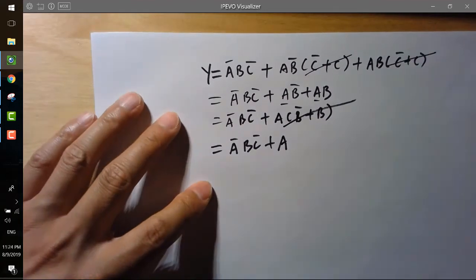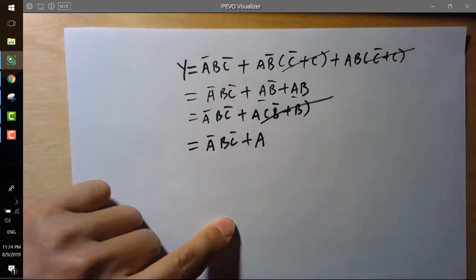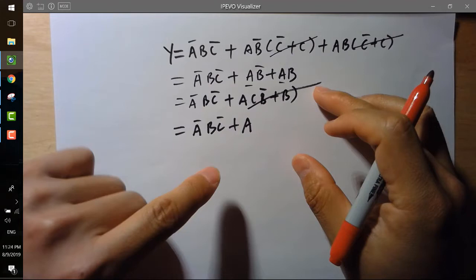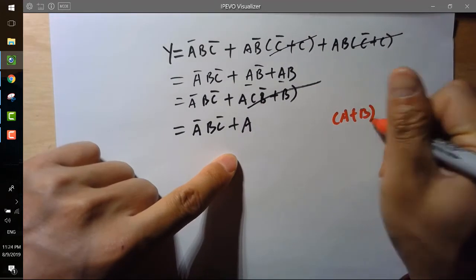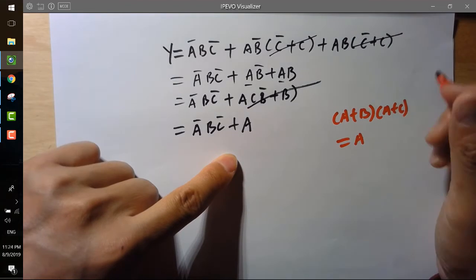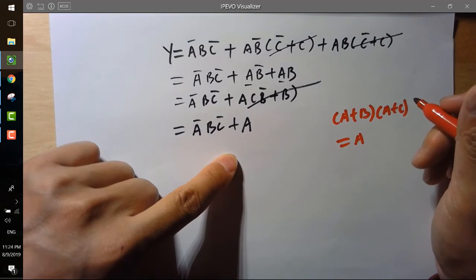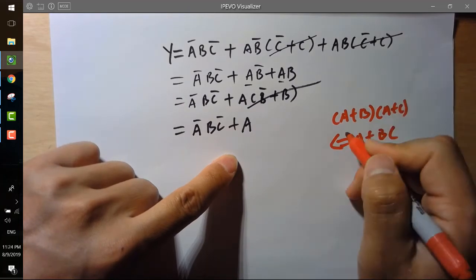And now apply that theorem in Boolean algebra. If you forget, just go back to that lecture and look at the notes. So remember that A or B, A or C equals A or BC. Back and forth, right?